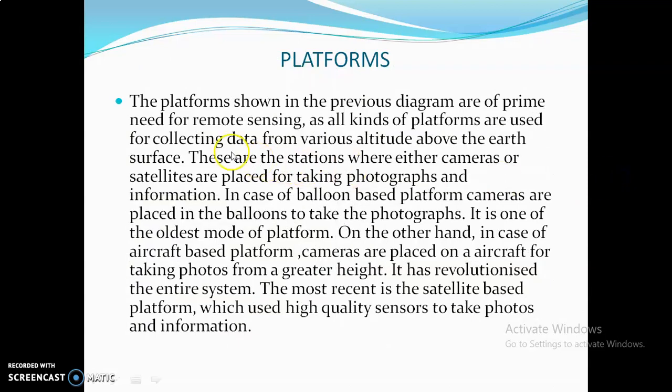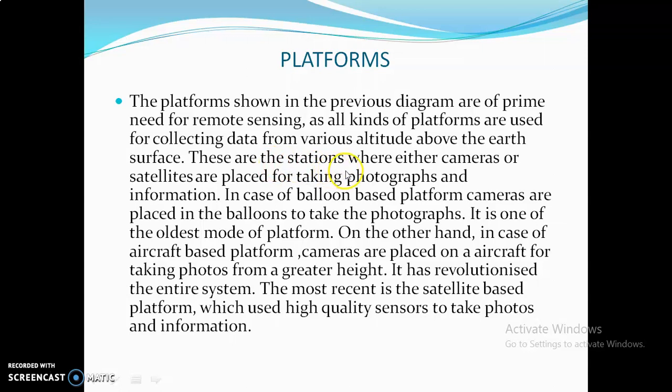Now you see, the platforms shown in the previous diagram are of prime need for remote sensing, as all kinds of platforms are used for collecting data from various altitudes above the earth surface. All these platforms that I have shown in the previous diagram are important because all are used to take photographs of the earth surface from the sky.